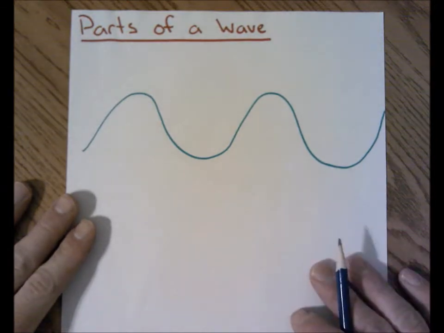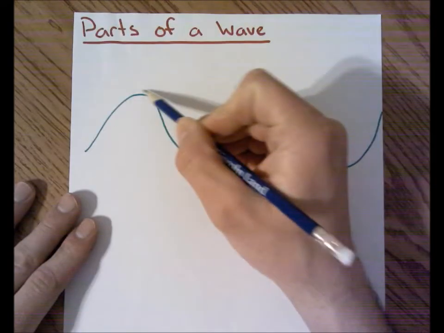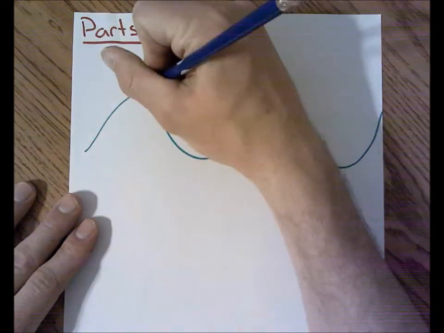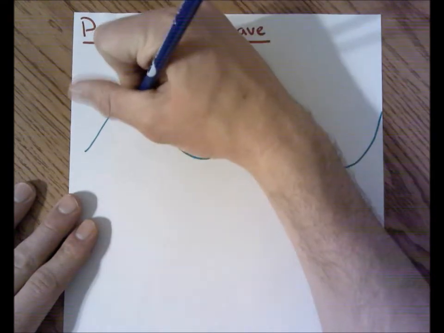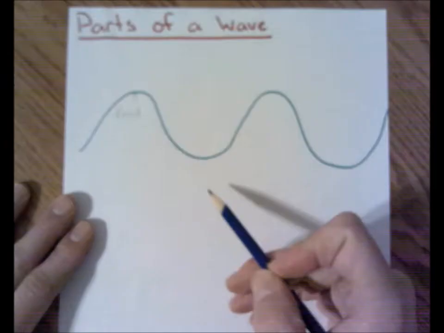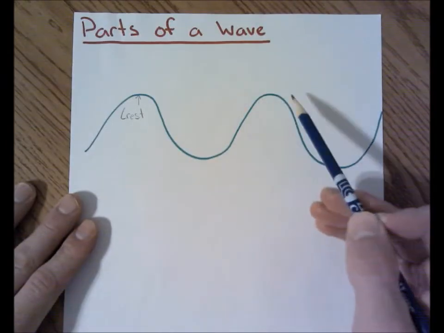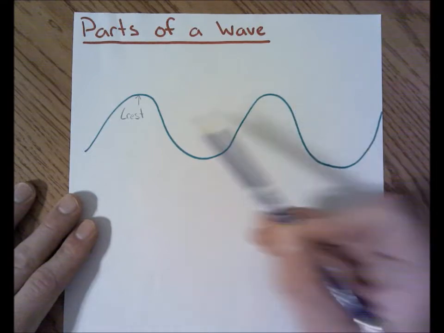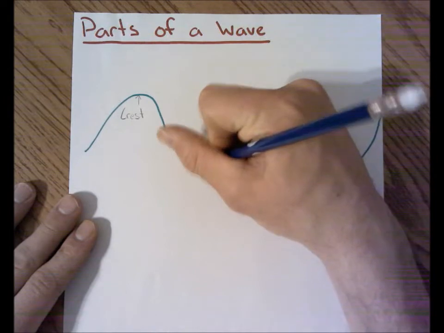But the first thing that I want to talk to you about is this item right here at the very peak. And this is called the crest of the wave. Now, over here, right where my pencil is, that is also another crest. And then the bottom portion is going to be the trough.